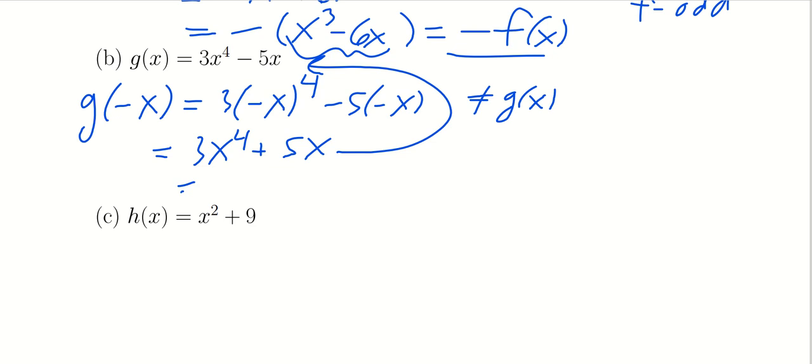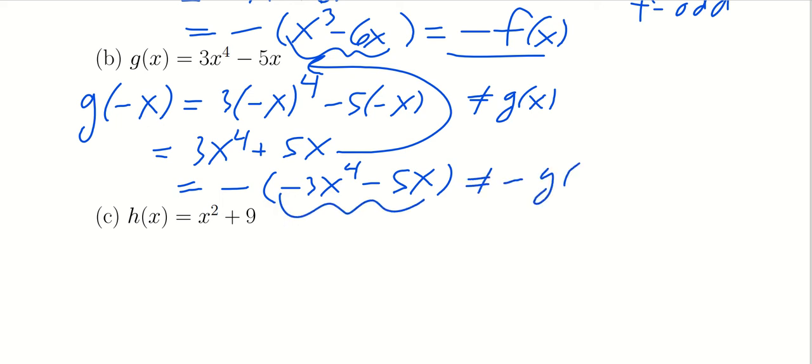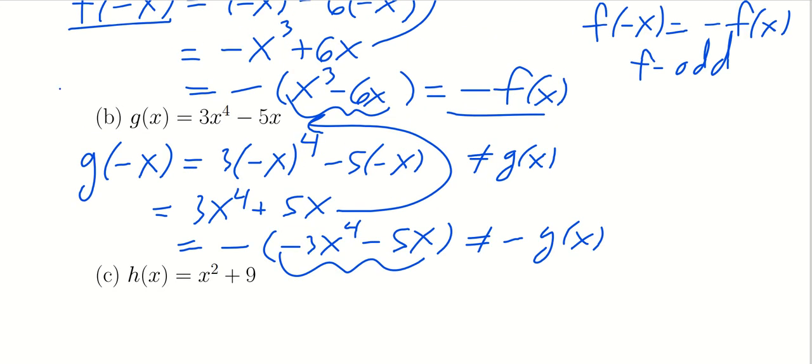If it's not even, the next step is to try to factor out a negative, and then see if you recover the original. With that negative factored out, this is not the same thing as g of x on the inside, so it's not the negative of g of x. So that tells us that g is not odd, and it's going to be neither. So it's neither.